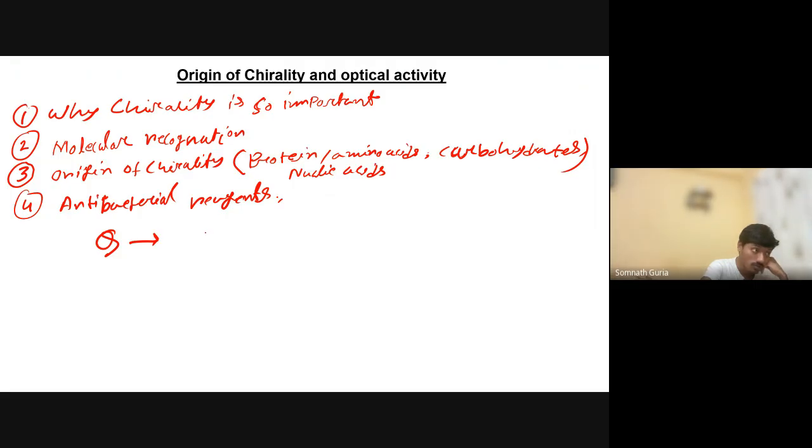Chirality is a tool by which biology can recognize molecules and further involve those molecules in nature.